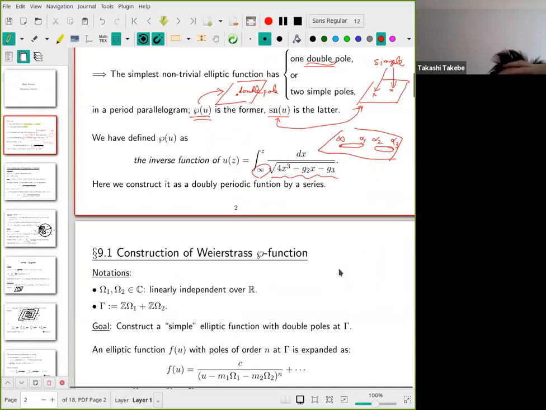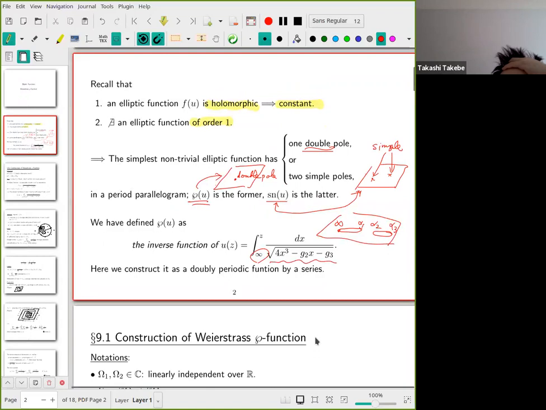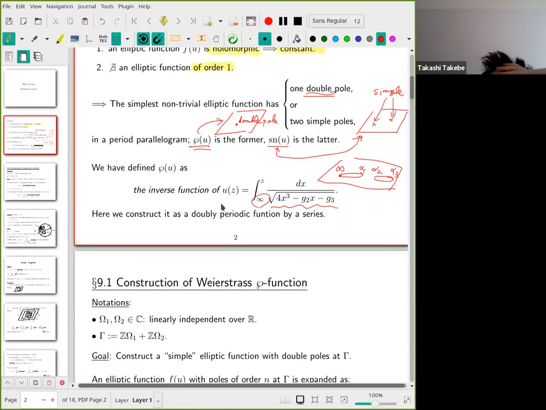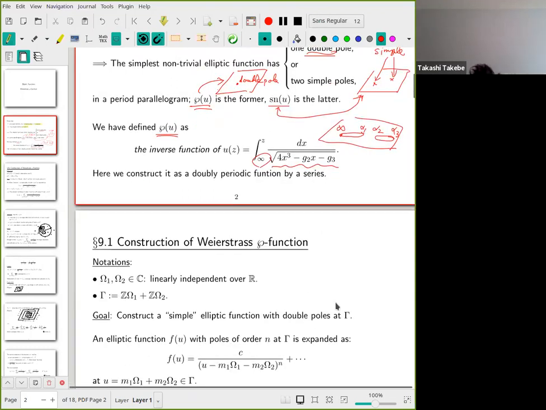Well, today we construct this P function as a series, not starting from the Riemann surface or this elliptic integral, but directly constructing the P function.